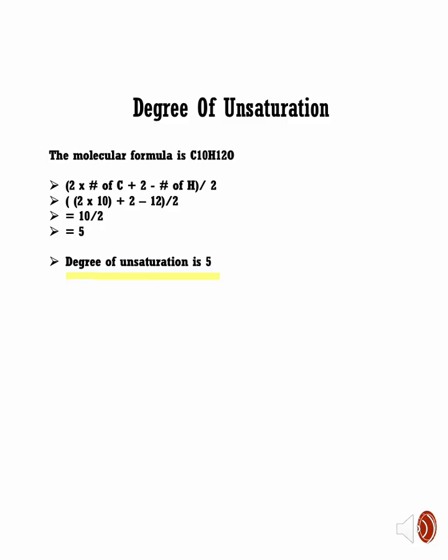The degree of unsaturation for this particular formula can be calculated by multiplying the number of carbons by 2 plus 2, subtracting the number of hydrogens, and dividing this by 2. And when we do this, we get a degree of unsaturation of 5.